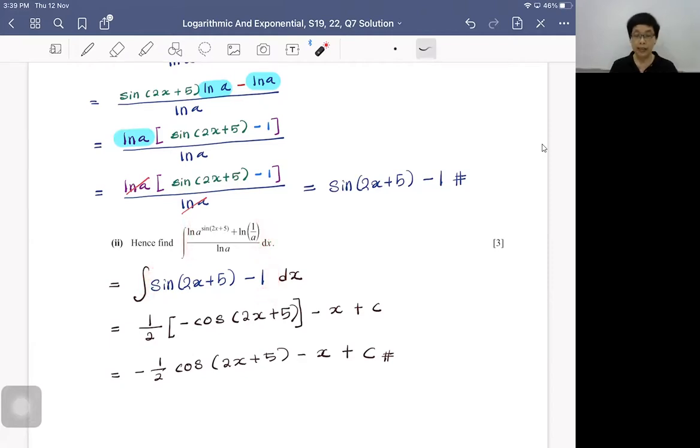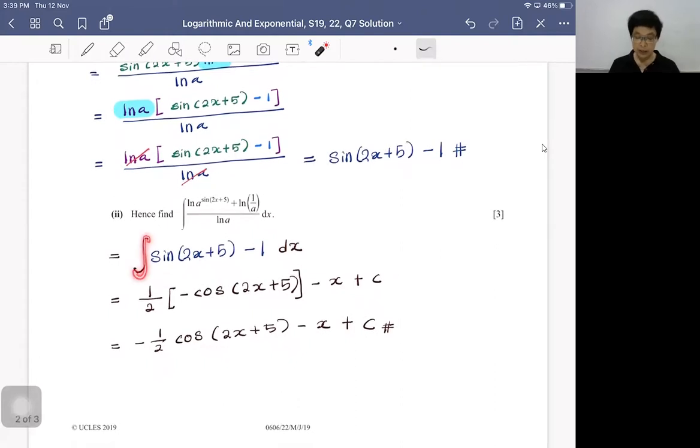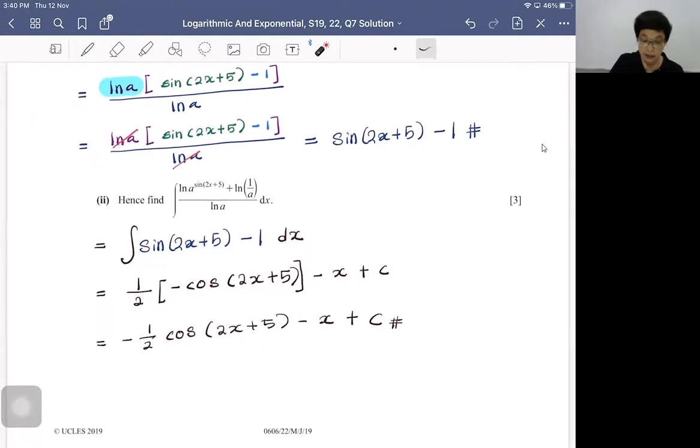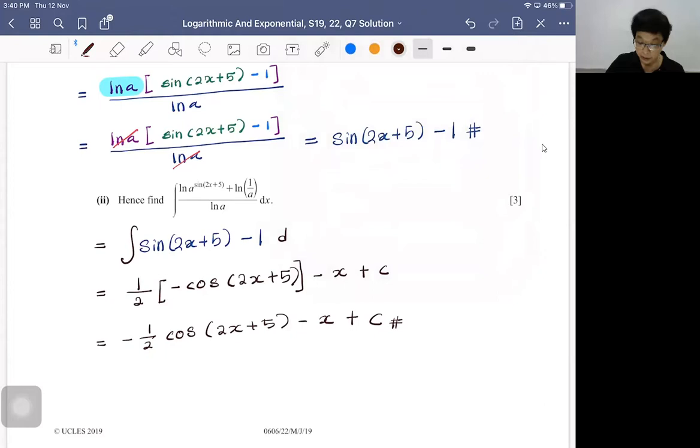There you go. Therefore, we get the integration of sine 2x plus 5 minus 1 with respect to theta. This is not supposed to be theta, it's going to be x. Yes, theta is the one I used in the example. I got mixed up.